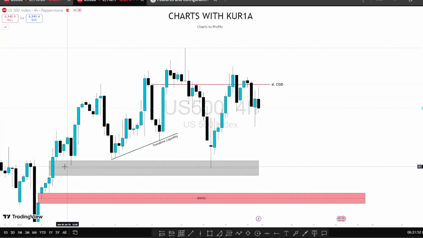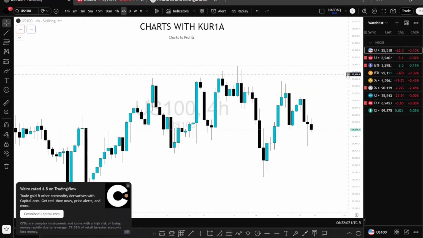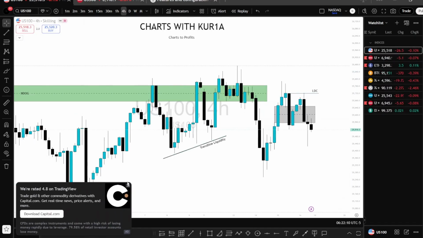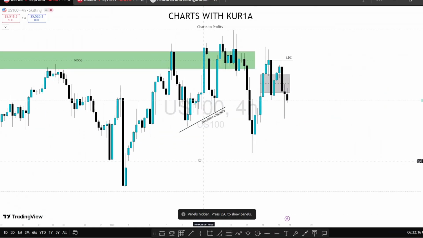On the 4-hour chart, I had this imbalance marked out, and also this sell side liquidity: this low at 69.10, this low at 68.93, and then this one at 68.87. I had the same lows marked out on US 100 because I was observing both assets, and I did not know in which asset I would take the trade.